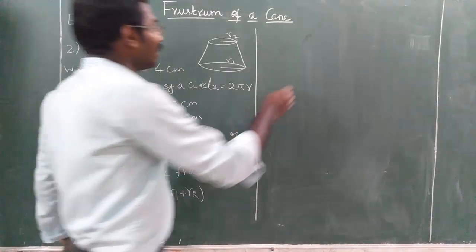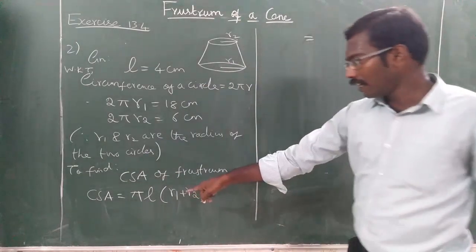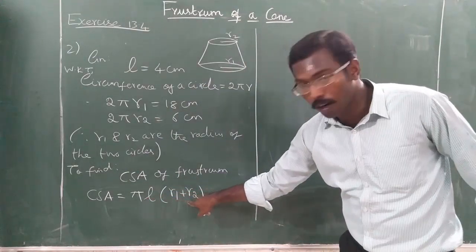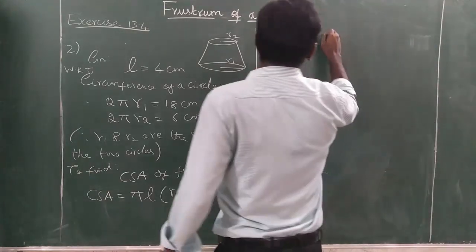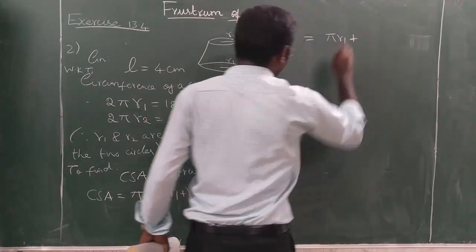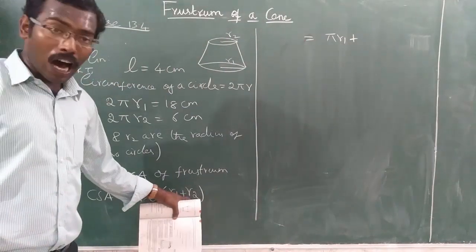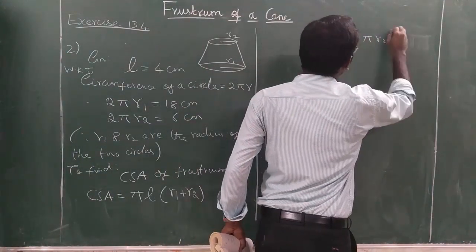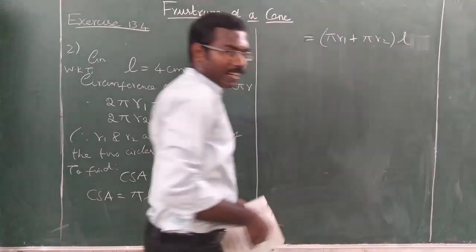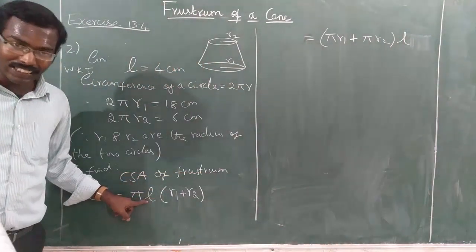So we can write this pi L into R1 plus R2 as pi R1 plus pi R2, then outside the slant height L is there.